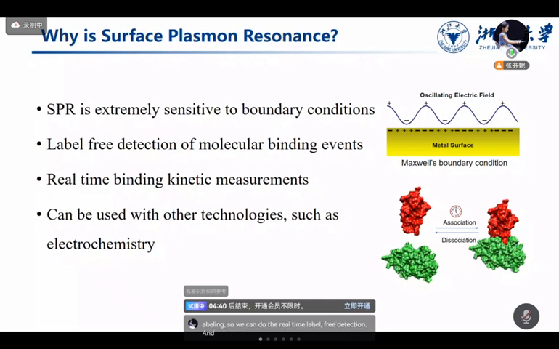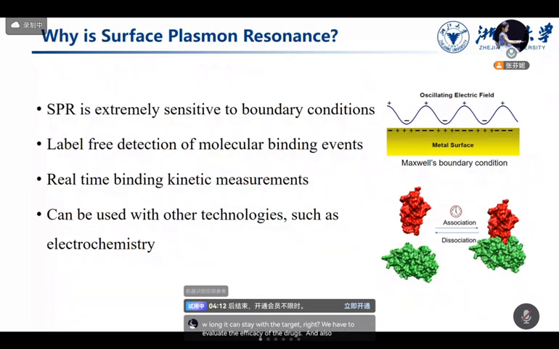With this real-time detection, we can not only detect the concentration of the analytes, we can also monitor the kinetics. It is especially important for drug screening because when we are ranking the drugs, we want to know how fast the drug can bind with targets and how long it can stay with the target, right? We have to evaluate the efficacy of the drugs.